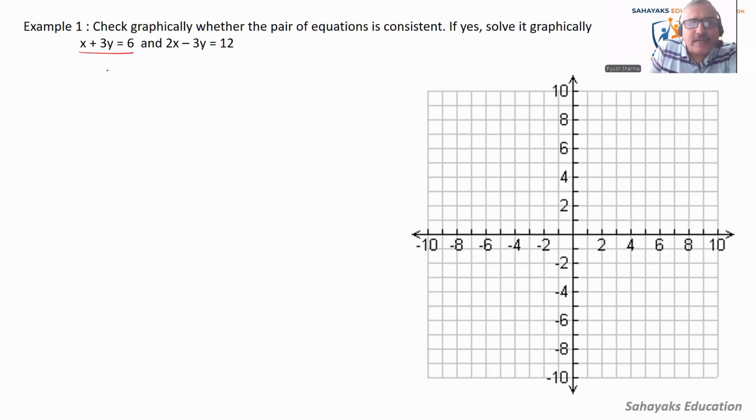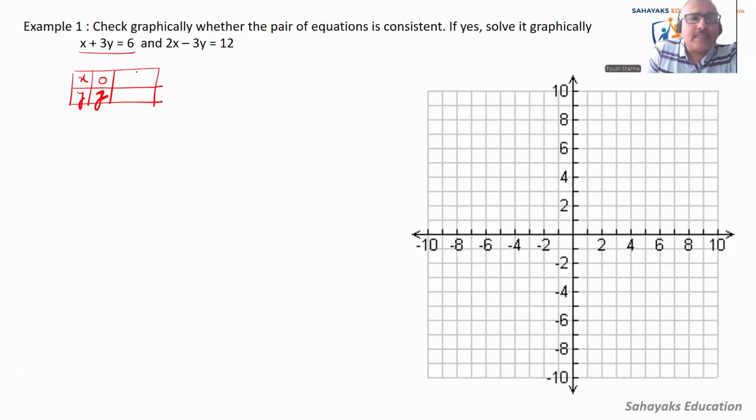Let's make a table of values with x and y. Let's consider the value of x as 0. Then 3y is equal to 6, so the value of y comes out to be 2. So the point is 0 and 2.